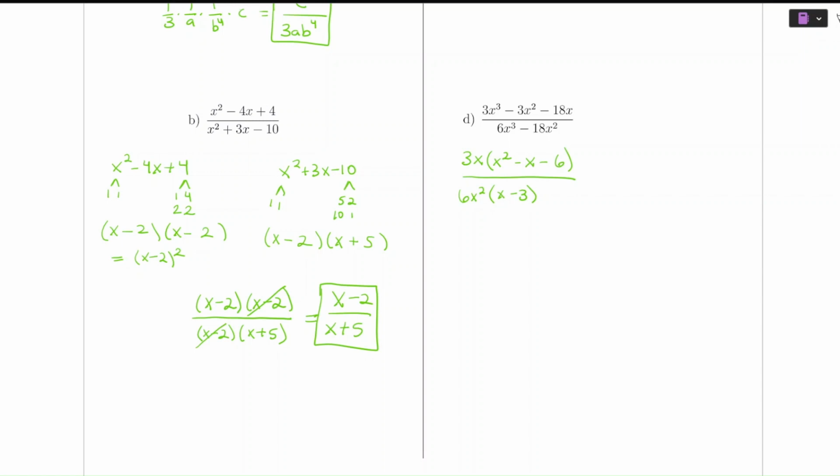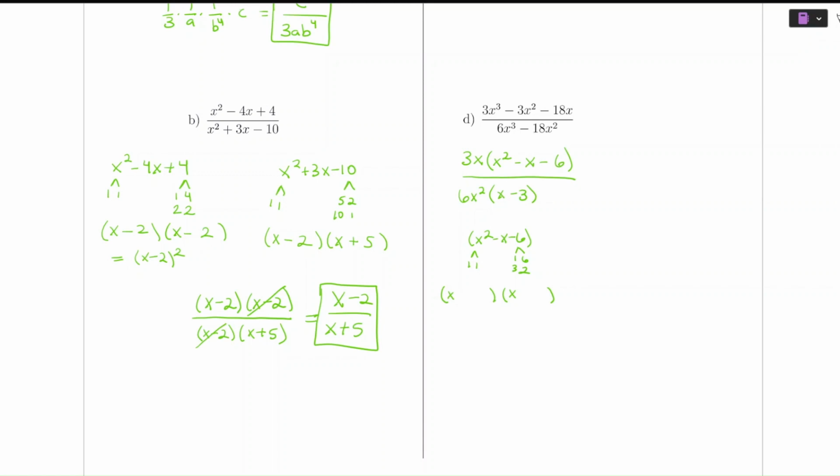Okay, so to simplify more, I'm going to want to factor what I have by this 3x. So x squared minus x minus 6, how can I simplify that more? Well, let's think. Our factors here are going to be 1 and 1, so it's just going to be x times x. And then for 6, you could do 1 and 6 or 3 and 2.